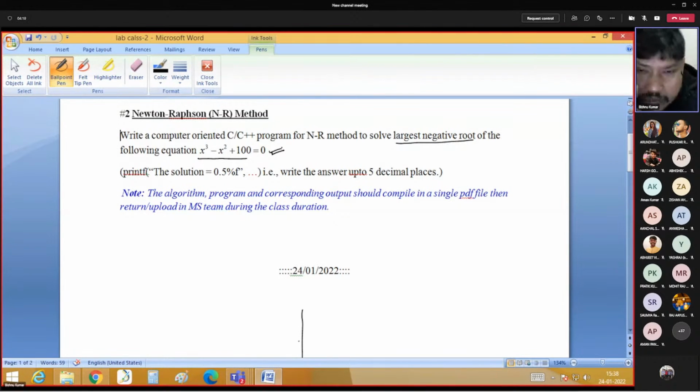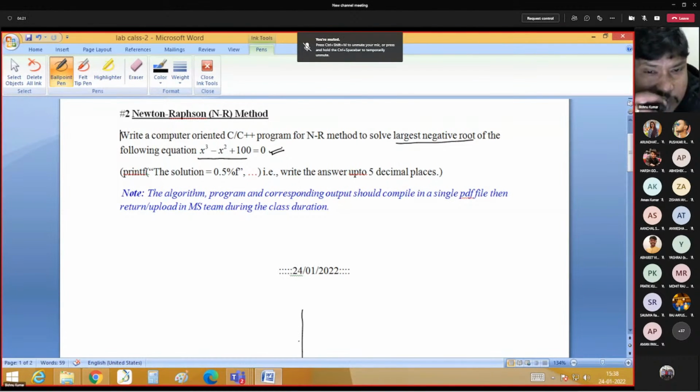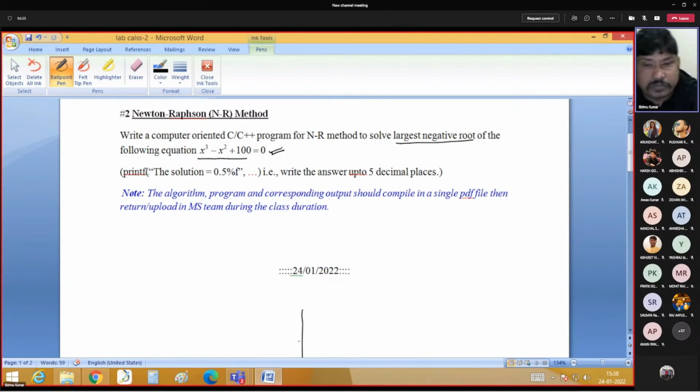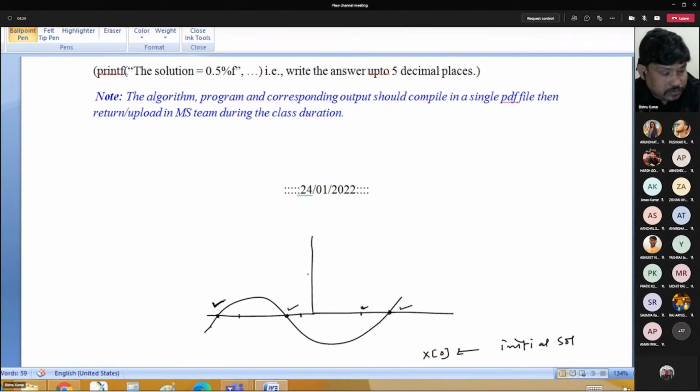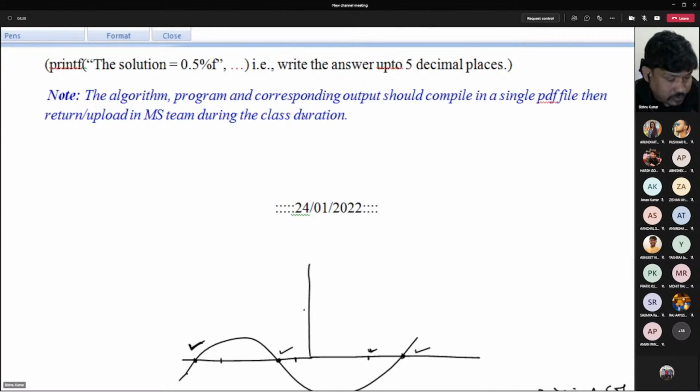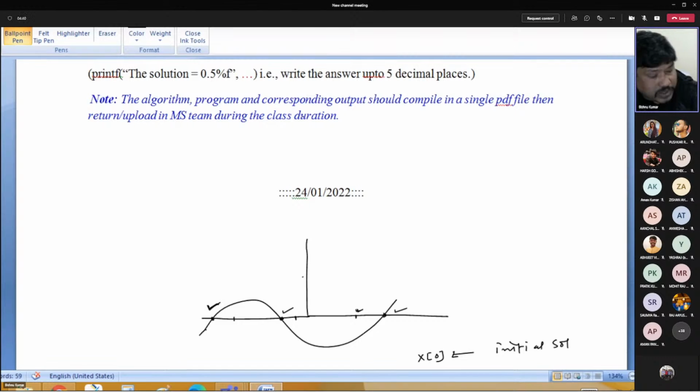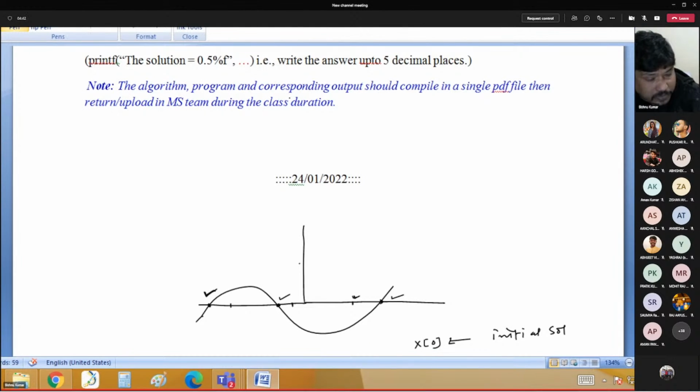Suppose the largest negative root. Try to do this manually.